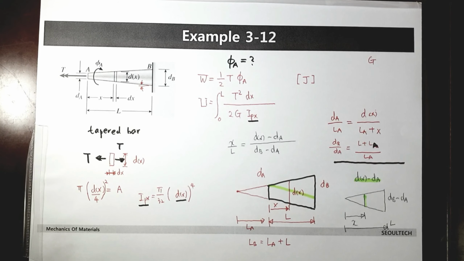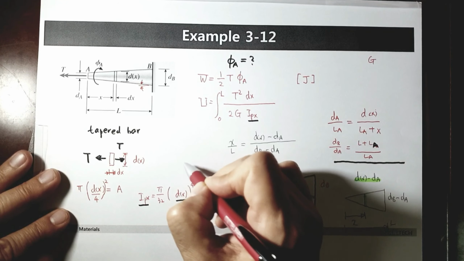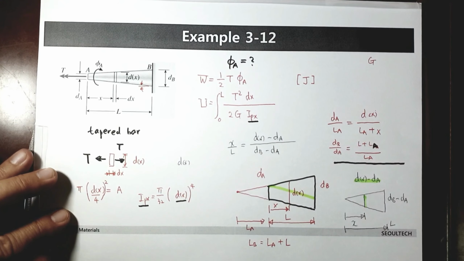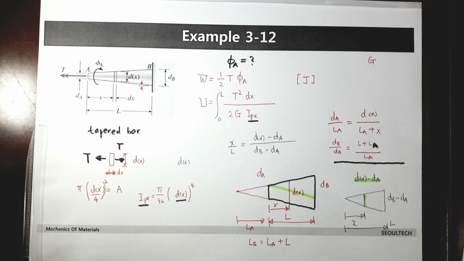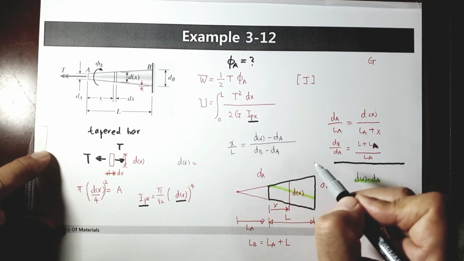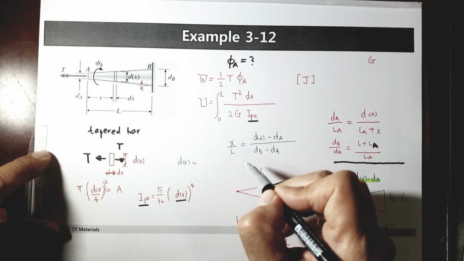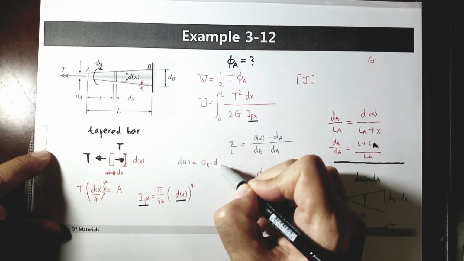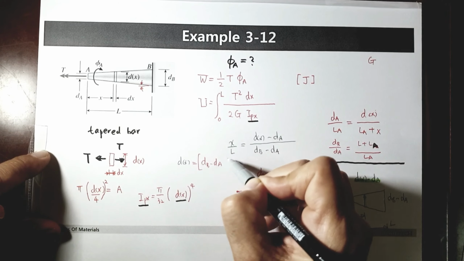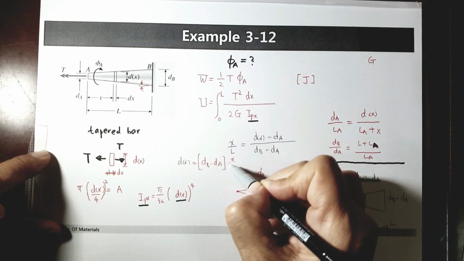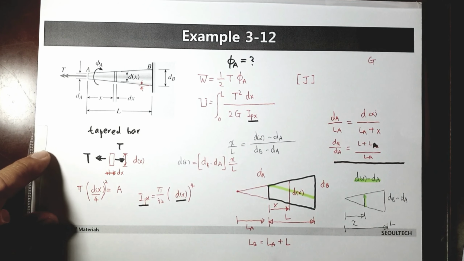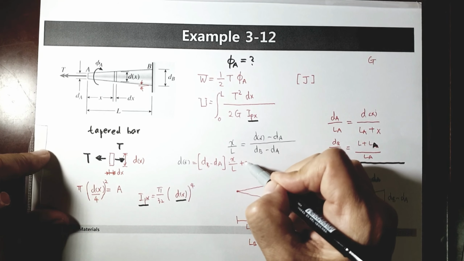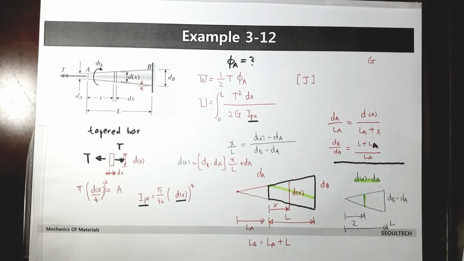Then finally we can calculate the dx value. dx equals dB minus dA multiplied by x over L, plus dA. This value is dx.